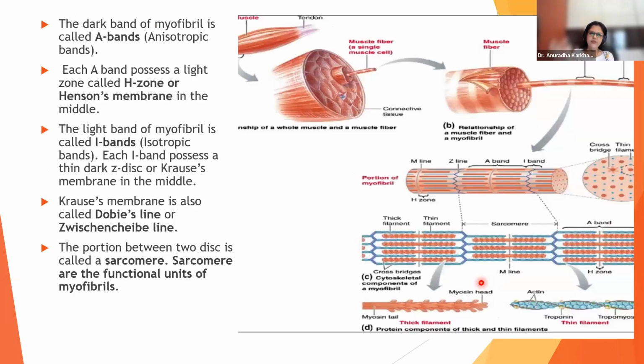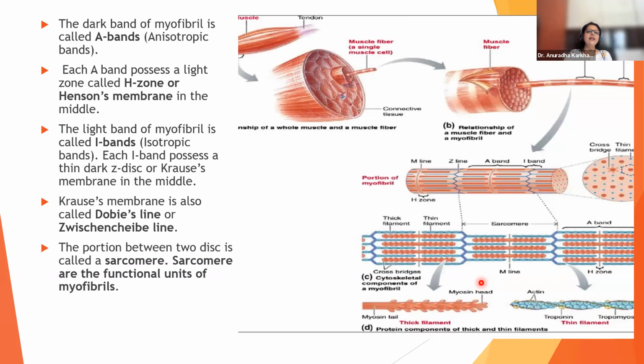Same thing which we have studied, but as a revision, I'll go ahead with it. Okay. The dark band of myofibril is called the A band, the anisotropic band. Each A band possesses a light zone called the H zone or Hensen's membrane. Remember, in the middle there is the H zone.